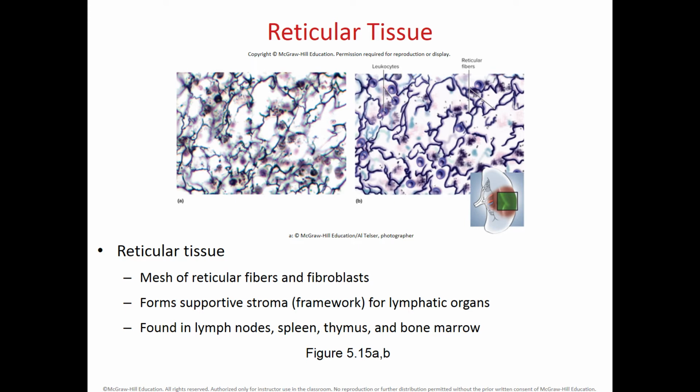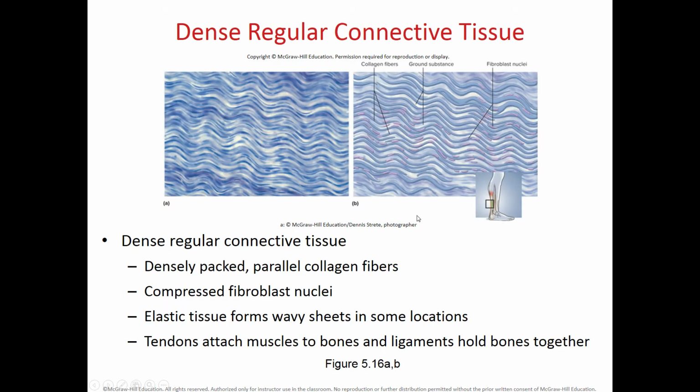So where is it found? Reticular tissue is found within the lymph nodes, spleen, thymus, and bone marrow. And then you can see these leukocytes here within these reticular fibers.